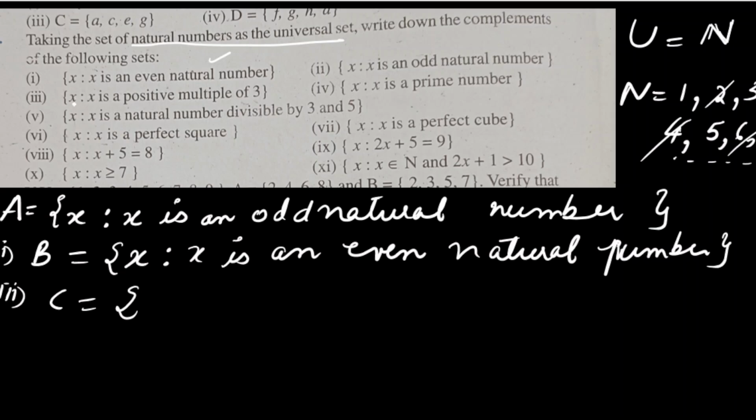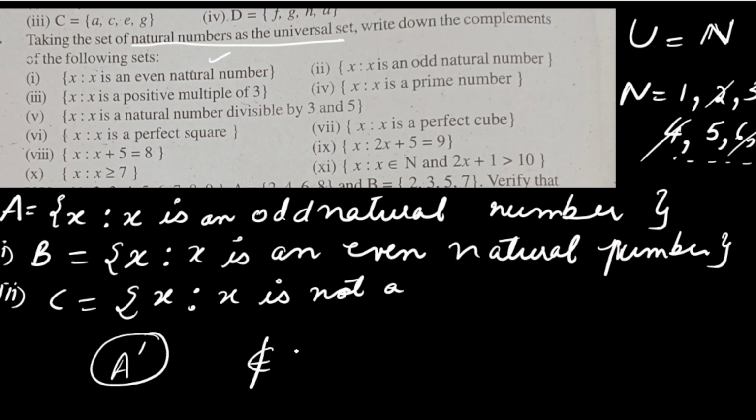So what is our set? X is a positive multiple of 3. So we can write here X such that X is not a positive multiple of 3, because we don't have to consider this set. In the definition of complement also I have explained, complement of A is that set in which all the elements are present which are not the elements of A, or all those elements are present in A complement which do not belong to A. Okay, so with this concept we will be writing these sets.